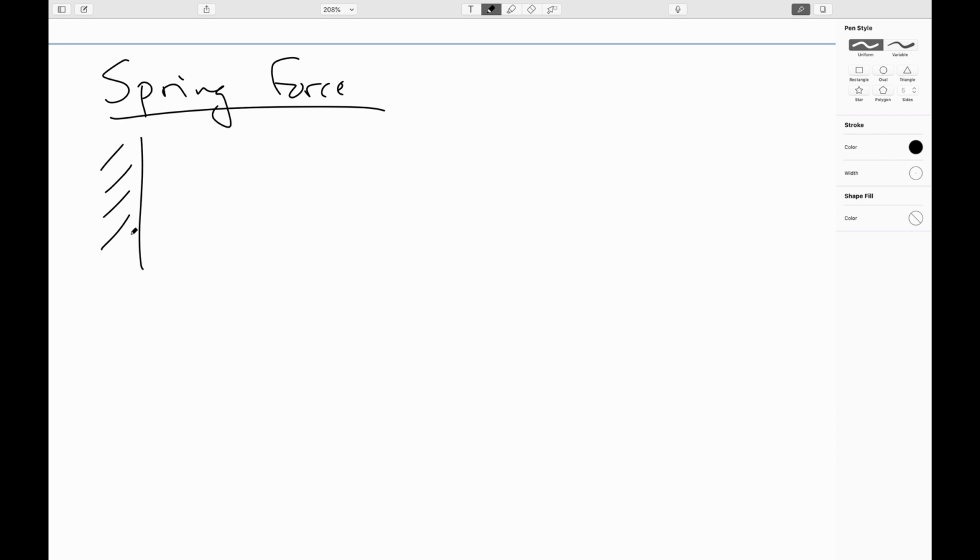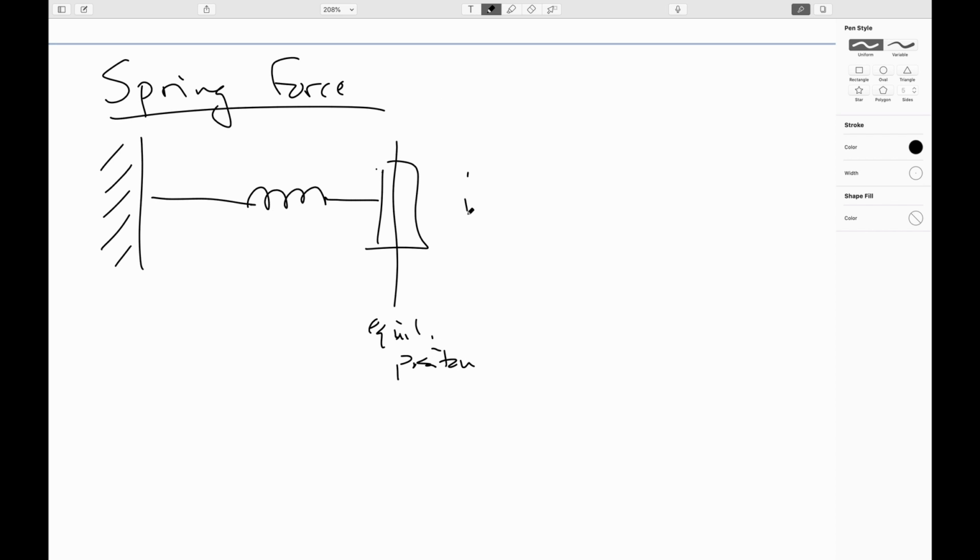But for a spring force, again, remember here for a spring force, we have a spring. This is the equilibrium position. This is x equals 0. If I stretch it to the right, this is a positive, and the spring force would be pushing back, pulling back.